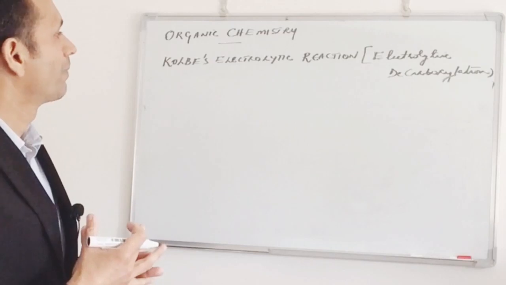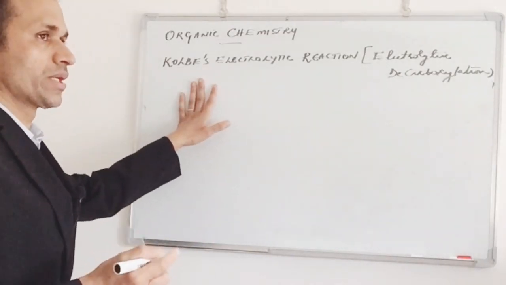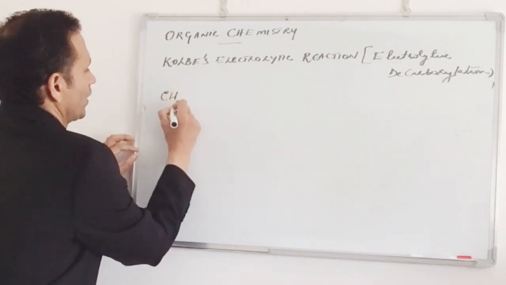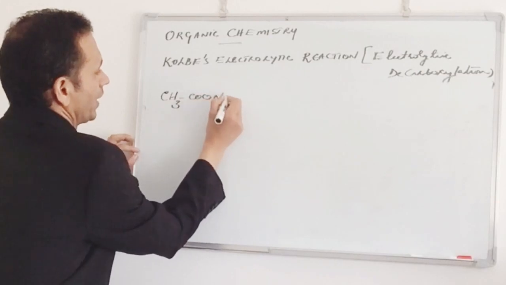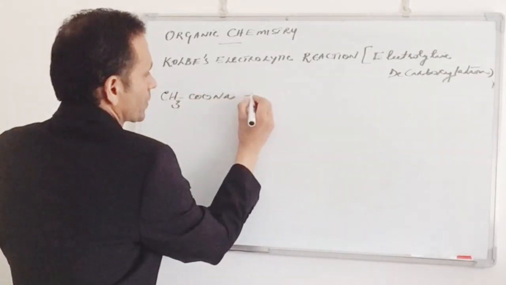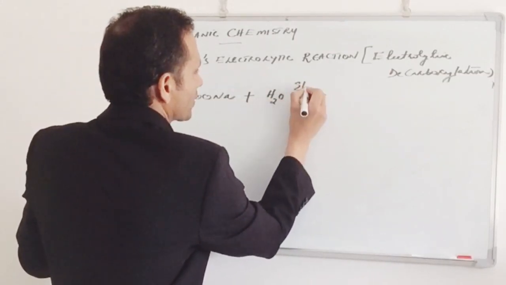You can prepare ethane using this electrolytic reaction. If you take CH3COONa, called sodium acetate, an aqueous solution of sodium acetate undergoes electrolysis.